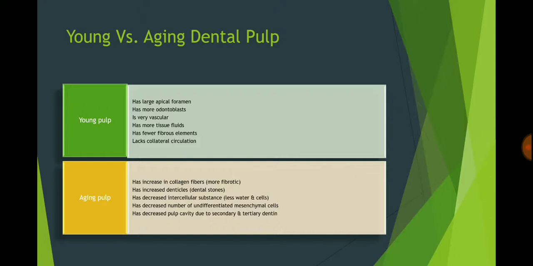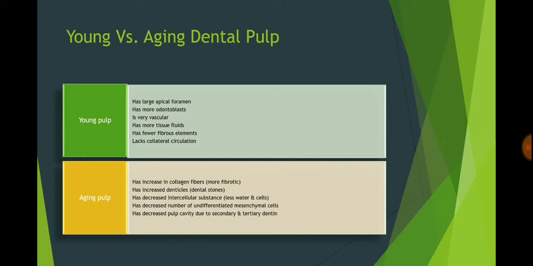Now when you look at the aging pulp, young pulp has fewer fibrous elements, while the aging pulp has increased fibrous elements, such as increased collagen fibers. It has increased denticles, also known as dental stones. Aging pulp also has decreased intercellular substance, such as water or cells.